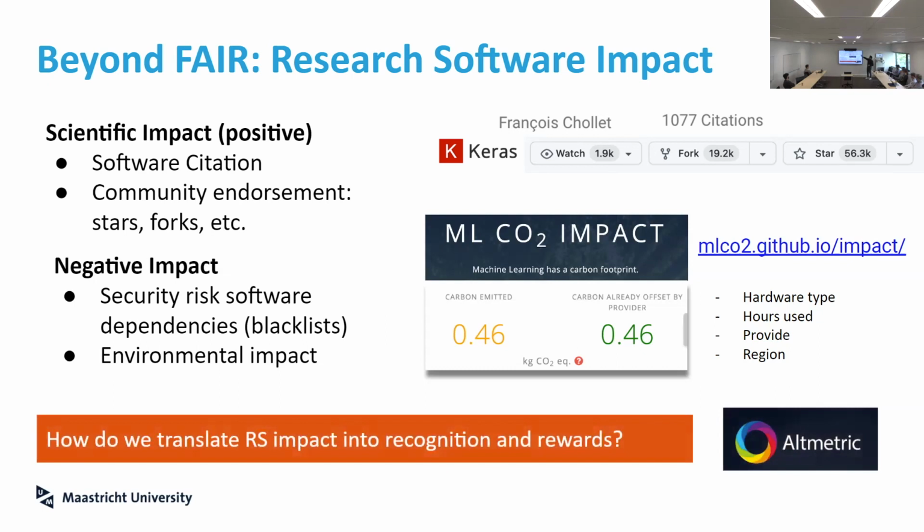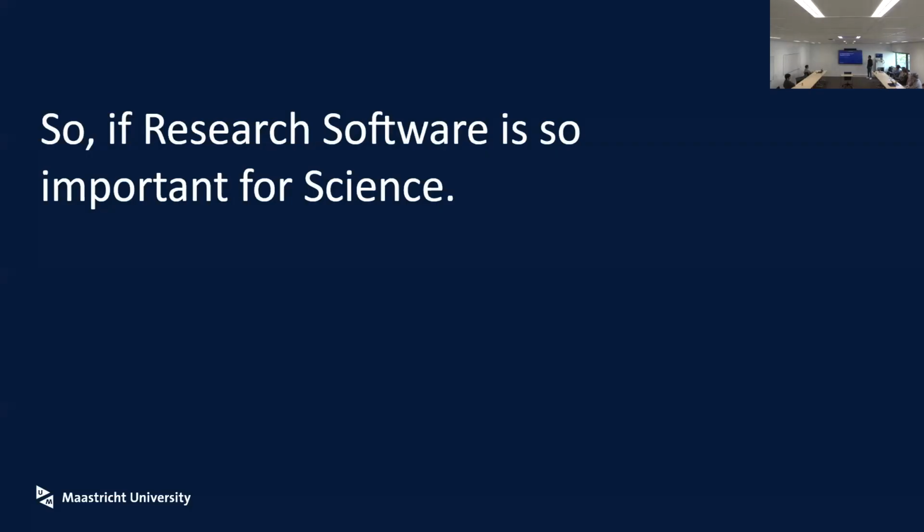If we're going to start to look at impact, then I would like to ask, how can we translate this research software impact into recognition and rewards, and what do all these fair metrics and research software impact have to do with it? They are very interesting things to take into consideration.